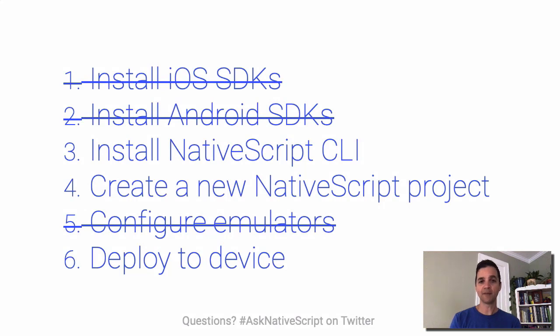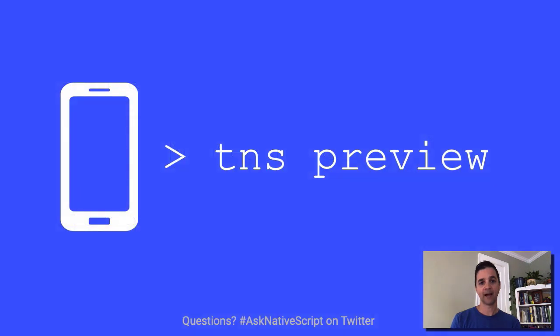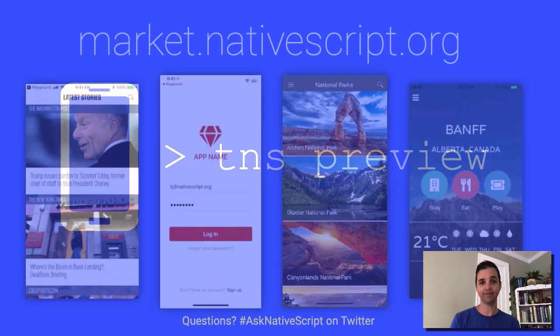However, on the NativeScript team, we've made the local development process much easier by removing some of these steps. How? Well, the command is TNS Preview, part of the NativeScript CLI, and it's another way we help you to get started with NativeScript by using your local environment and local tooling without having to install those big SDKs until you're ready. So if you haven't played around with TNS Preview yet, it's definitely worth trying out.